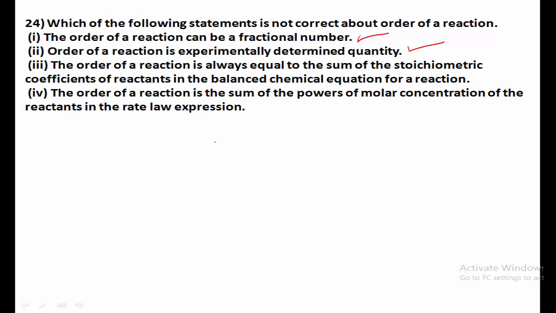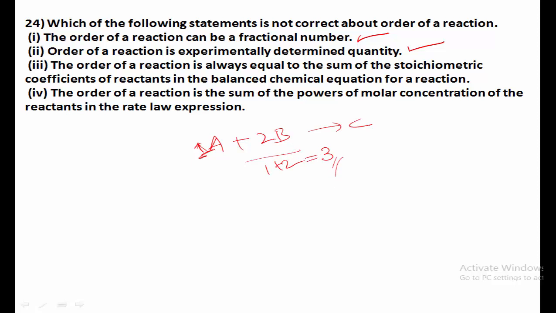So what they have given: if we consider A plus 2B gives C, and take the sum of stoichiometric coefficients, here if nothing is written it means 1, and here 2 is there. So 1 plus 2, the sum of stoichiometric coefficients, how much does it give? 3. So the order of reaction is 3.